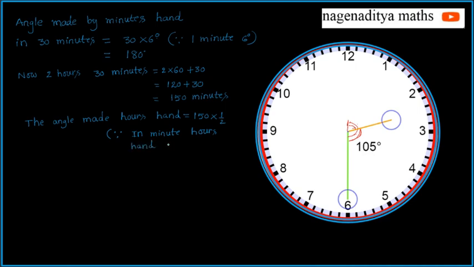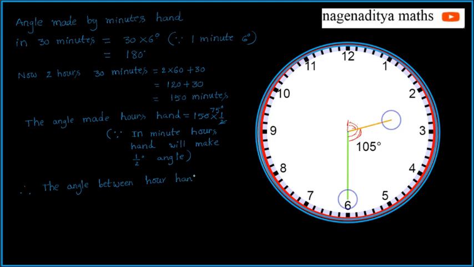So the angle made by the hour hand at the time 2 hours 30 minutes is 75 degrees. Now we have to subtract 75 from 180.